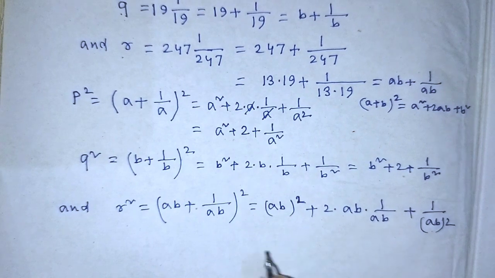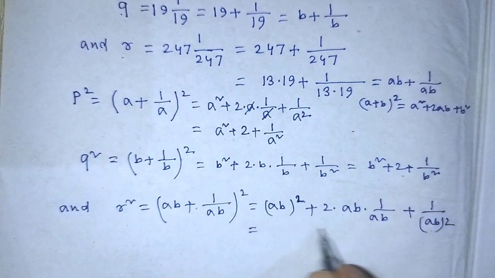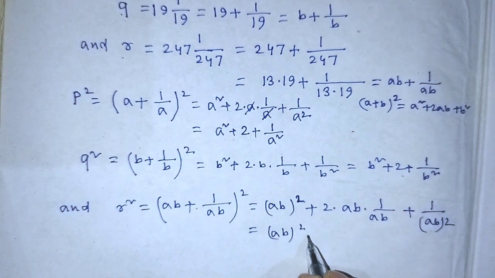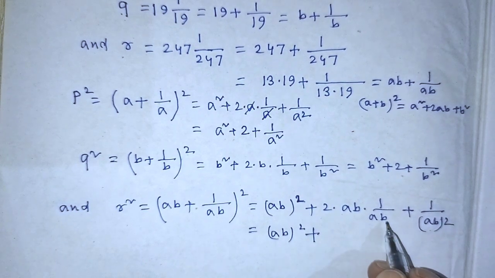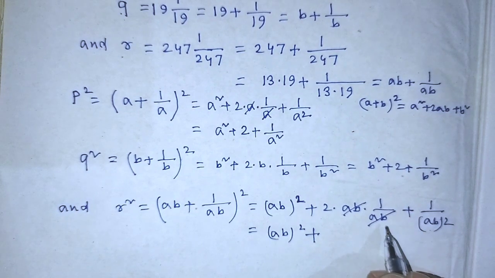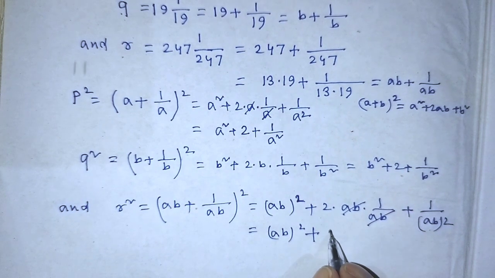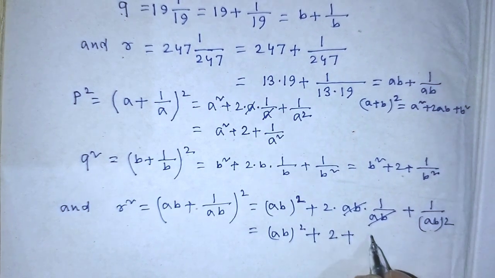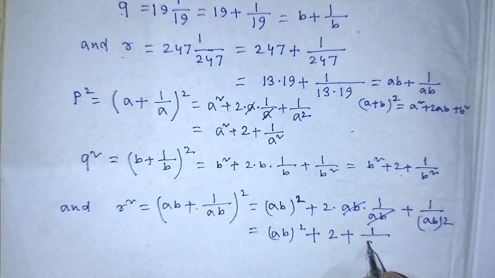So again we have to write from this algebraic expression AB whole to the power 2 plus, so we can cancel AB from numerator and denominator in the second term. So we have to write in here 2 plus again we have to write this third term. So we have to write in here 1 over AB whole square.